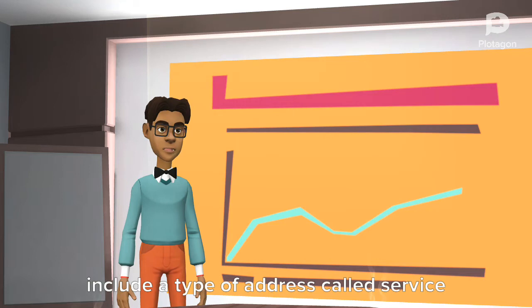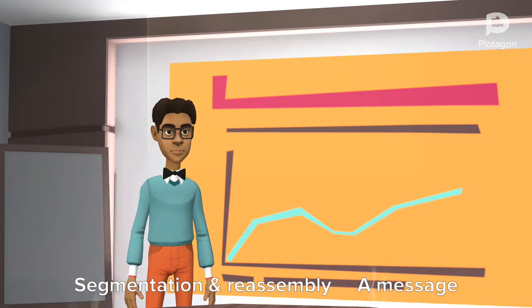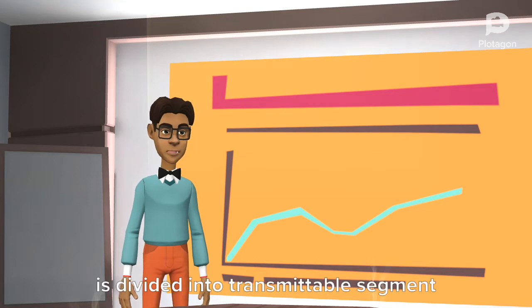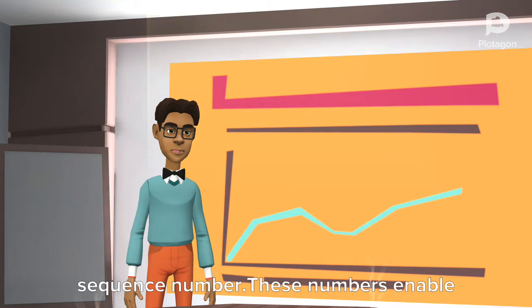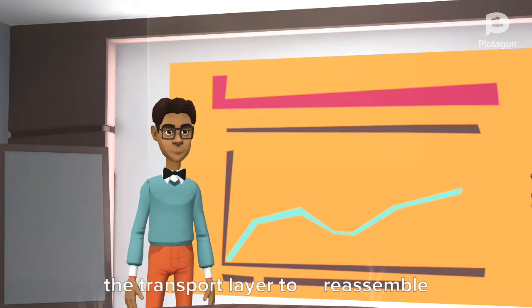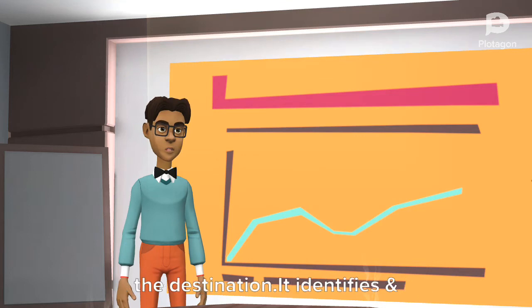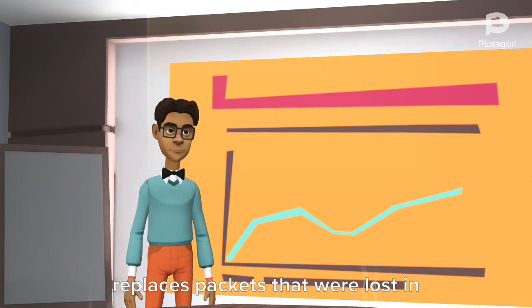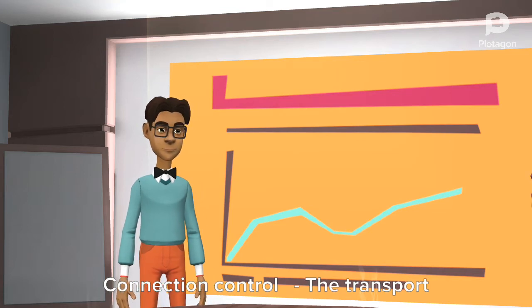The transport layer header must include a type of address called a service point address or port address. 2. Segmentation and reassembly. A message is divided into transmittable segments, each containing a sequence number. These numbers enable the transport layer to reassemble the message correctly on arriving at the destination. It identifies and replaces packets that were lost in transmission.